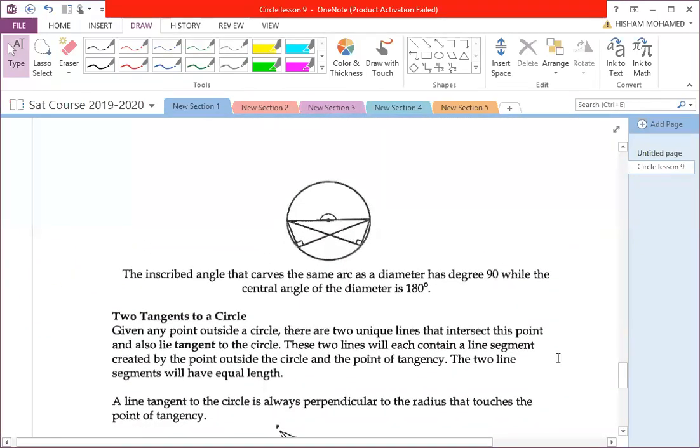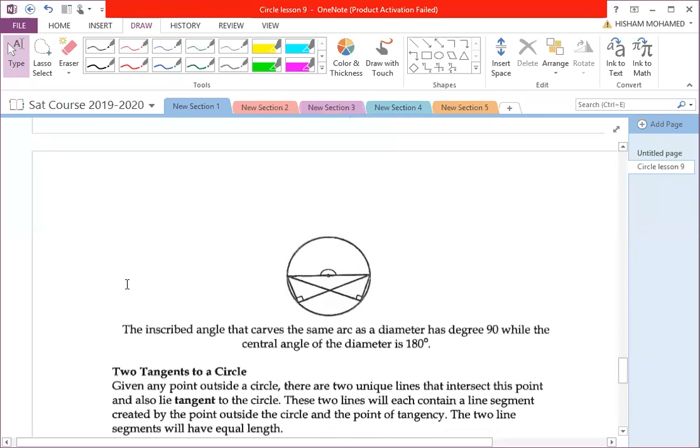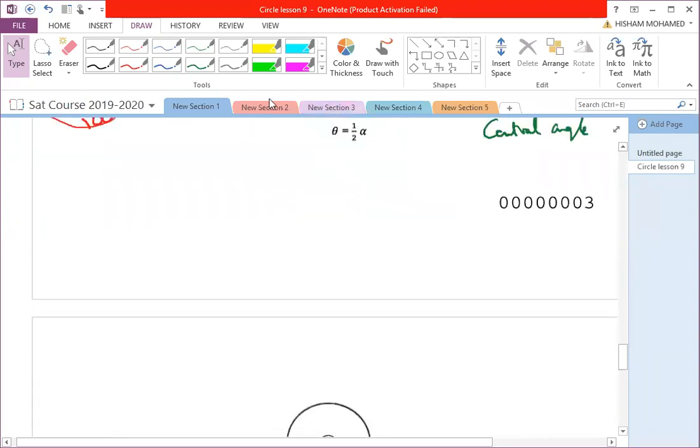Circle theorems. Okay. The inscribed angles that have the same arc are congruent, and the angles drawn in a semicircle are congruent. Let's explain this part.